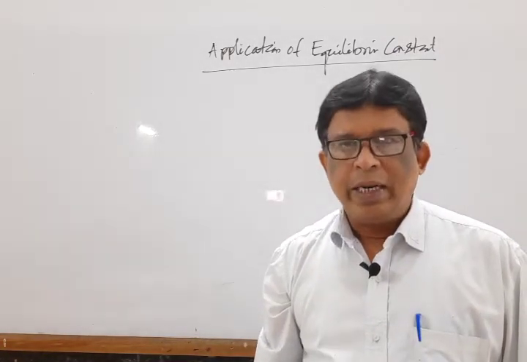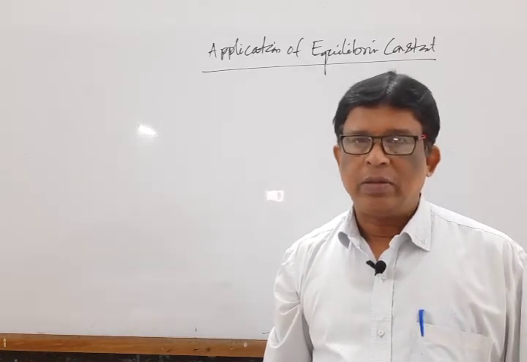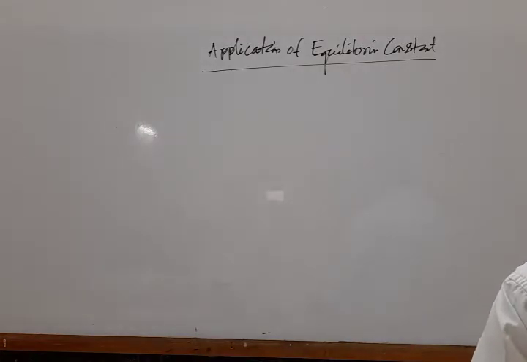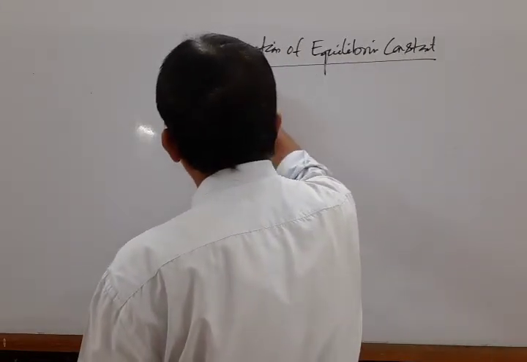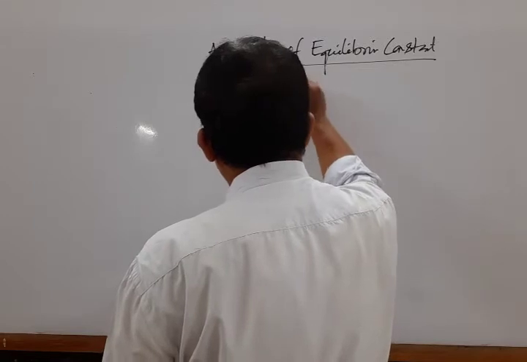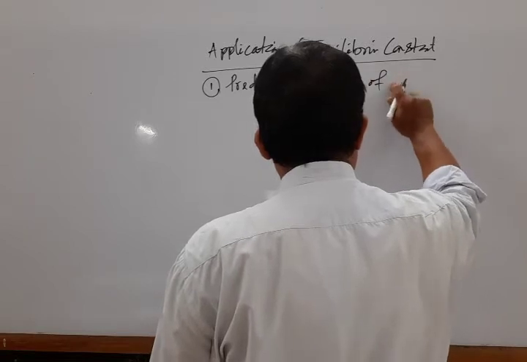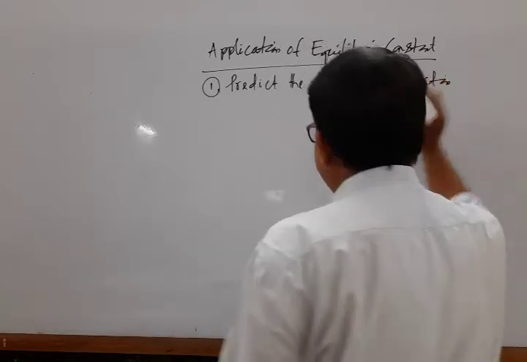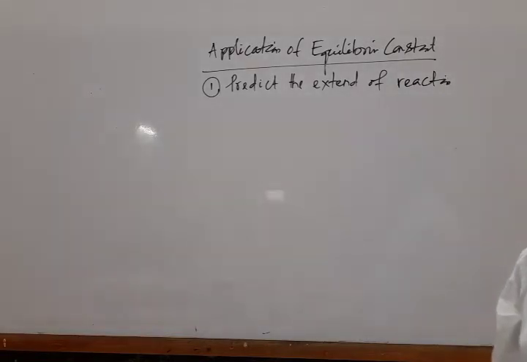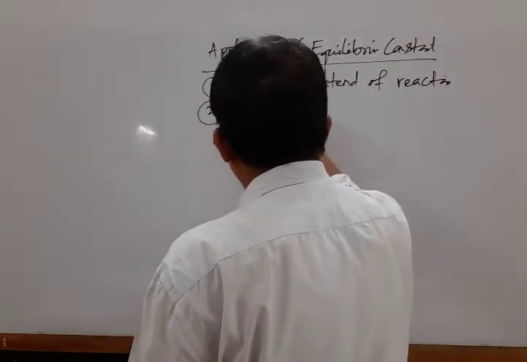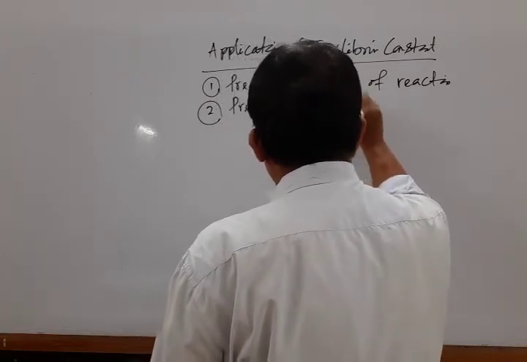The first application of equilibrium constant is to predict the extent of the reaction, and the second application is predicting the direction of the reaction.